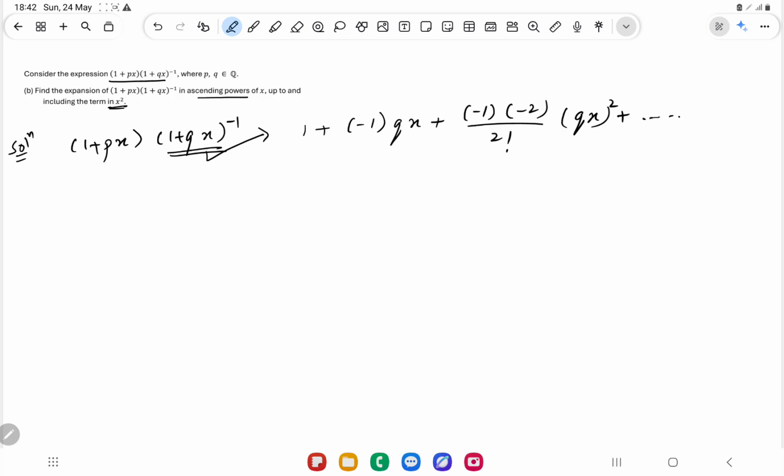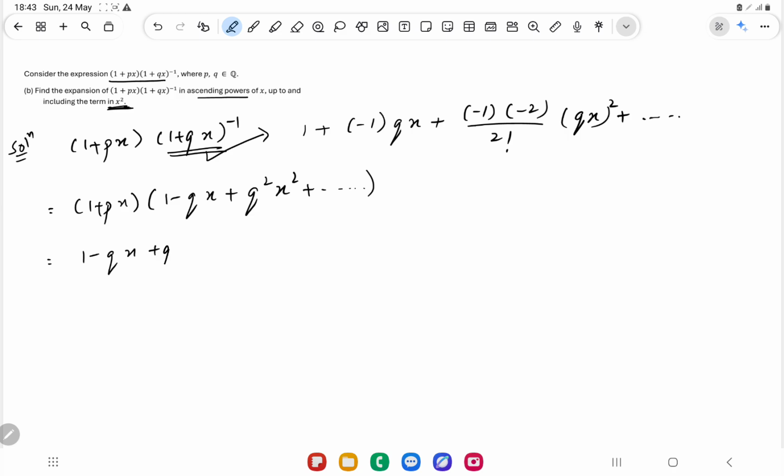Now if I rewrite and simplify this, I will get 1 plus px multiplied by 1 minus qx plus q square x square and so on. Now to further simplify this, I have to open the brackets and find till the term x square, so I will be multiplying everything.